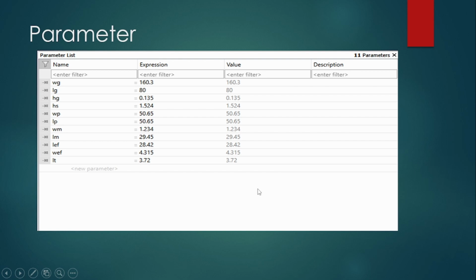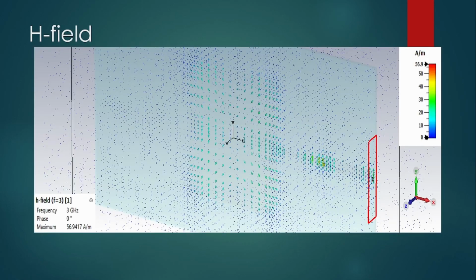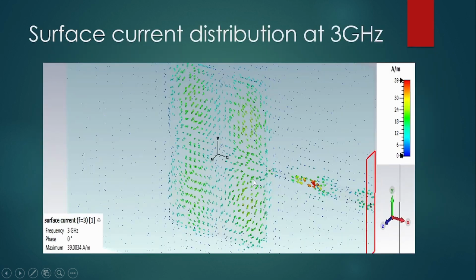And the H-field pattern is like this. Second, the surface current distribution at 3 GHz. We can see like this, the maximum is 39.0034 amperes.